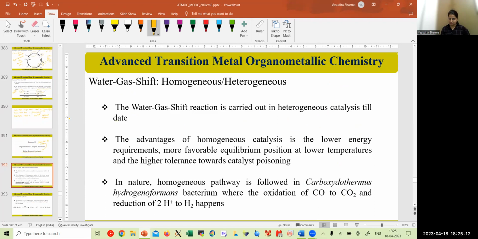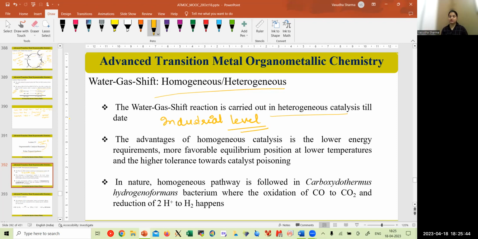So water gas shift, as we have seen, is both homogeneous and heterogeneous, but now we are favoring the homogeneous one to carry out the reaction at low temperatures. The water gas shift reaction is carried out in heterogeneous catalysis till date, since we need large scale production at an industrial level, and we cannot just rely on the homogeneous system because the productivity or the maintenance would be difficult.